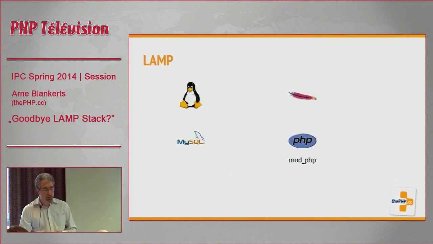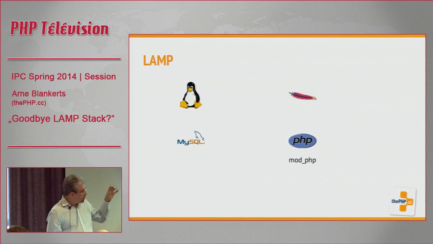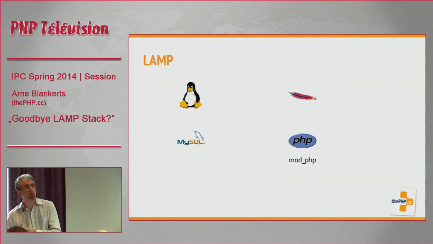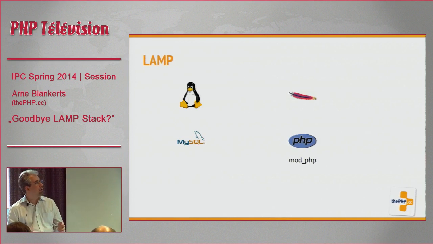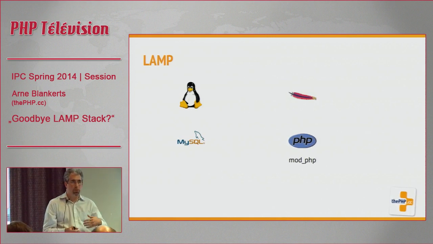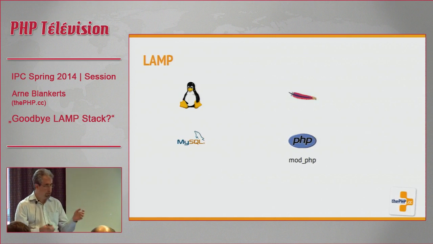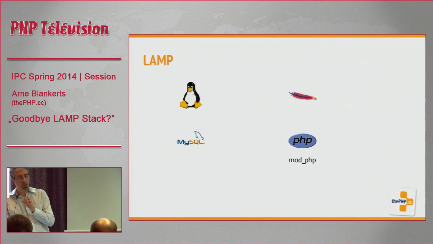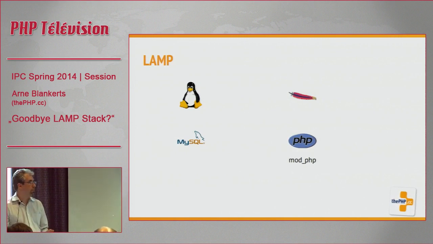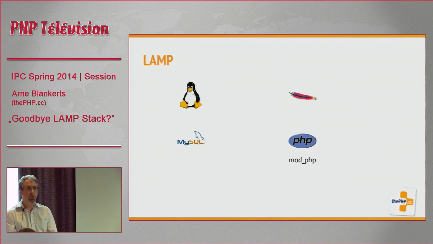The biggest problem with that is that at some point people realized that having the web server and PHP in one has a benefit for everything that is just PHP, but a really bad impact on performance as soon as you deliver static content like images or CSS files that don't involve PHP at all. Because PHP is in module form within the web server, you initialize it along the way even though you don't need it.